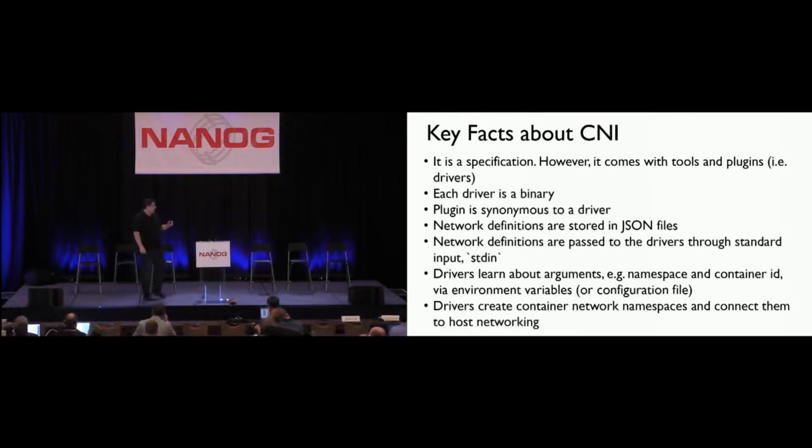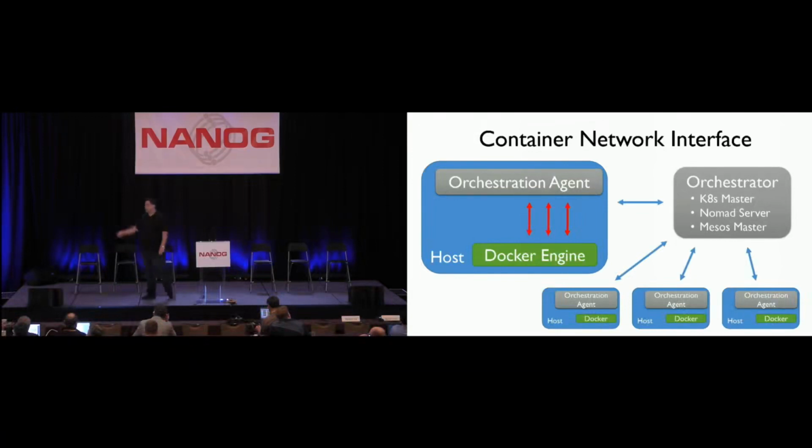So whenever you deploy and orchestrate your networking with container network interface, what you will do is on each host, you will put an orchestration agent. So there will be some kind of master-slave topology where you have a bunch of slaves.